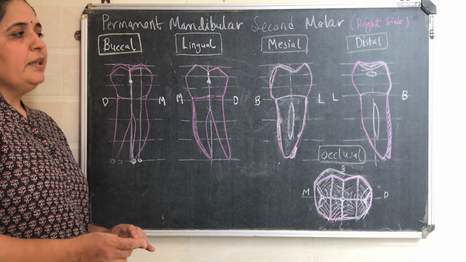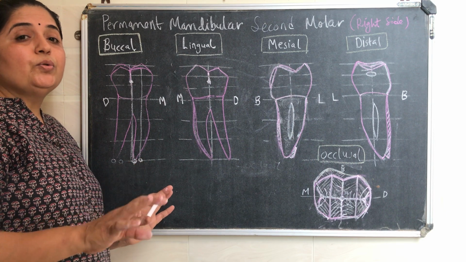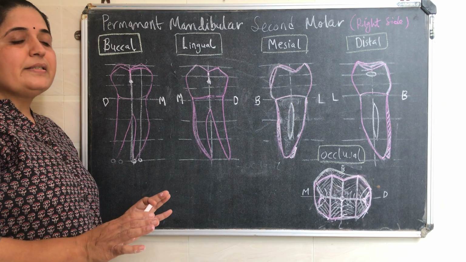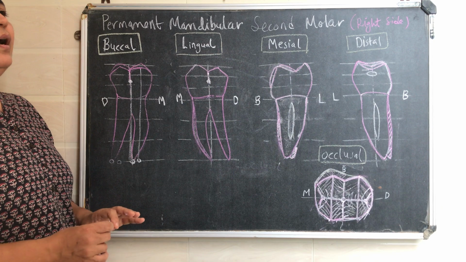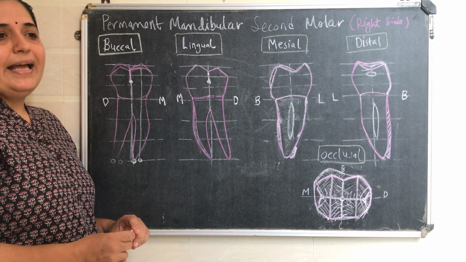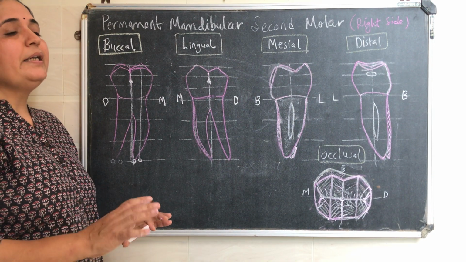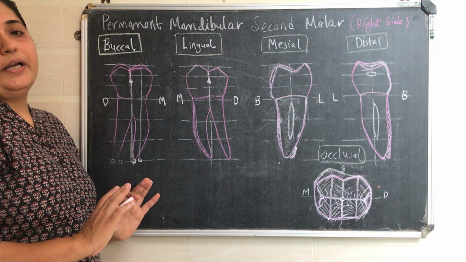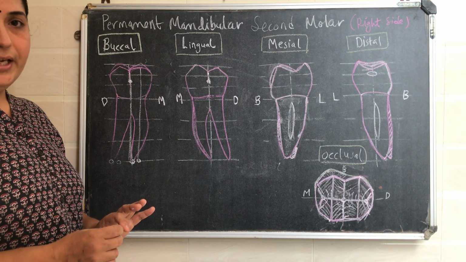All of you know that the third molar is the most variable tooth. You can see developmental variations, that is, anomalies, in the case of the third molar. Generally, the size of the third molar is less than that of the first molar and the second molar, but it may be larger than the first molar and second molar. Right? So the size is also variable.